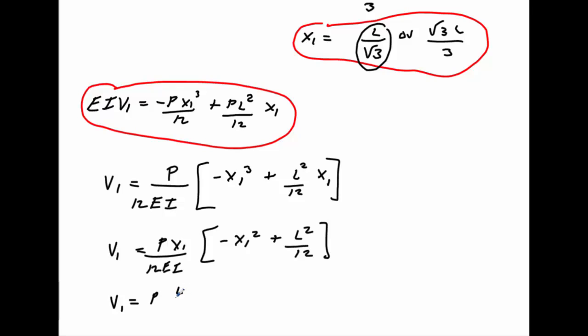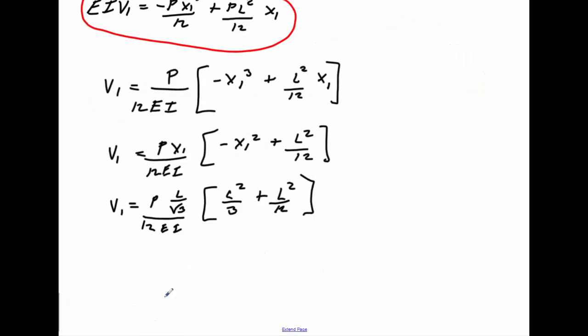That gives me L over the square root of 3 over 12 times EI. Substitute back into here. If I square those, that's going to give me L squared over 3 plus L squared over 12.